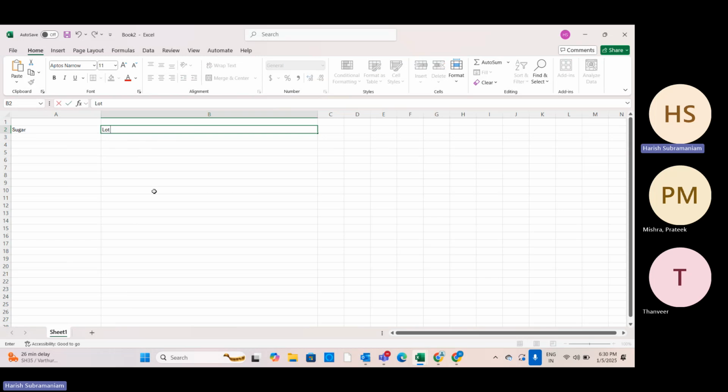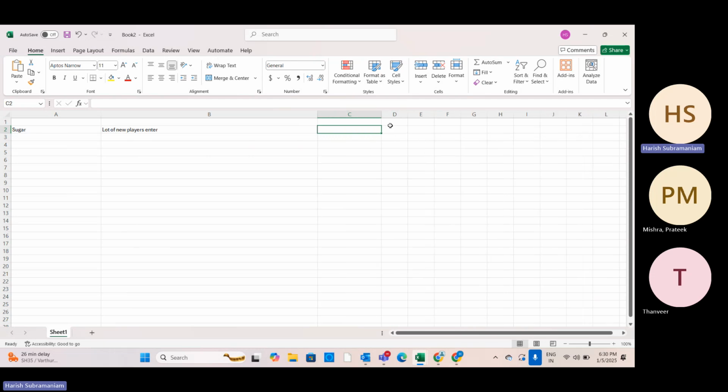So a lot of new players enter. As a lot of new players enter, the manufacturing goes up. So the amount of sugar that is available basically goes up. Since the quantity goes up, price goes down.